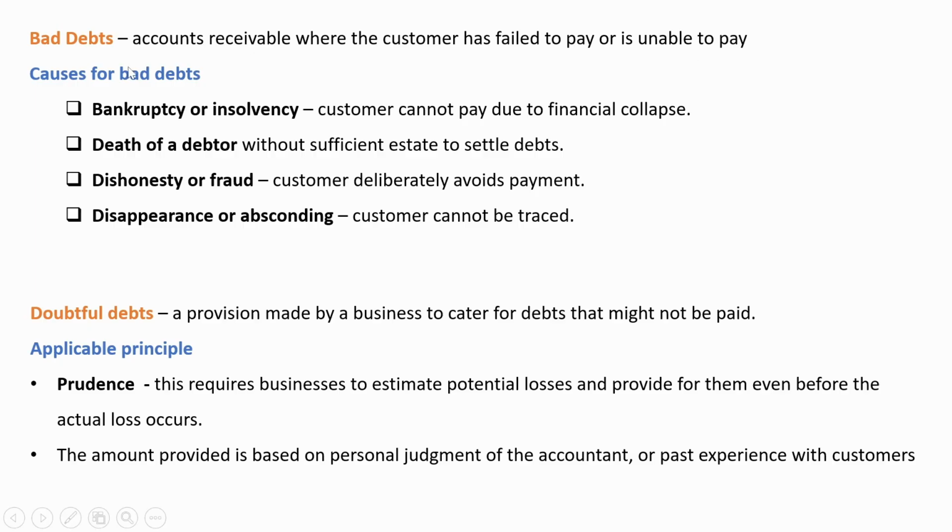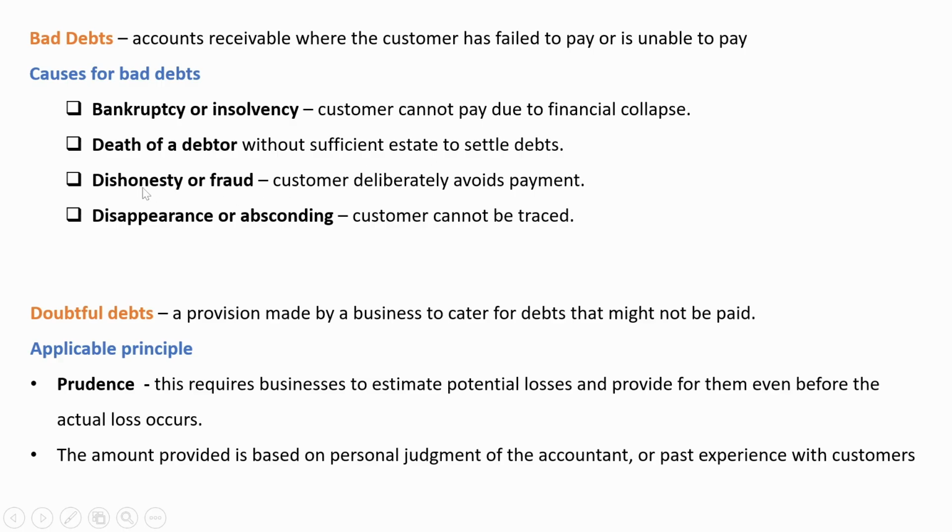Some of the causes for bad debts include bankruptcy or insolvency. This is where a customer cannot pay due to financial collapse. Or it can be death of a debtor, where the debtor does not have sufficient estate to settle debts. The debtor dies and did not leave enough cash, enough assets to settle the debt.